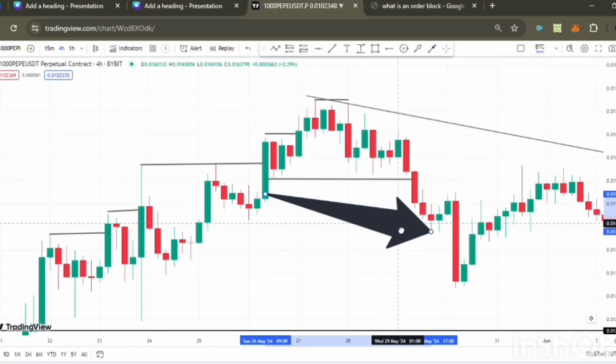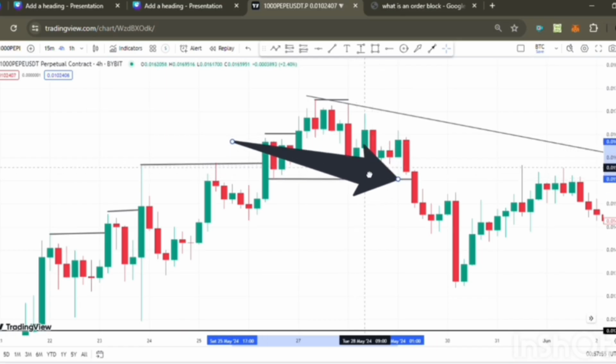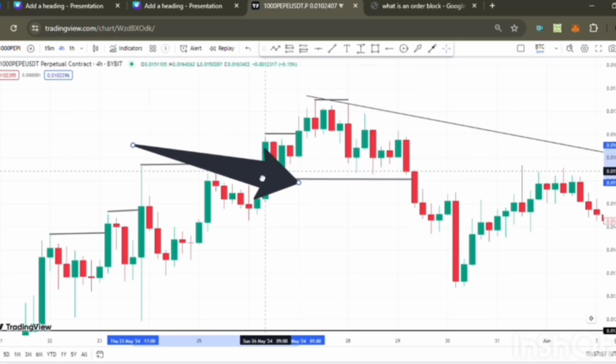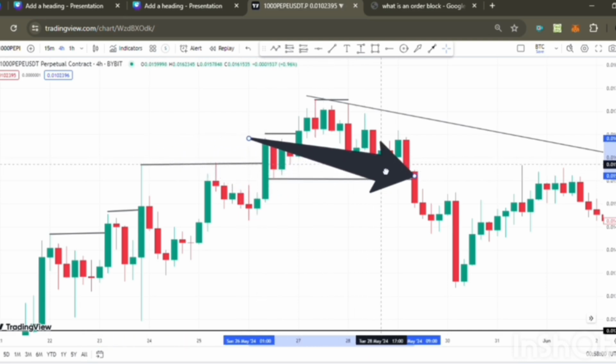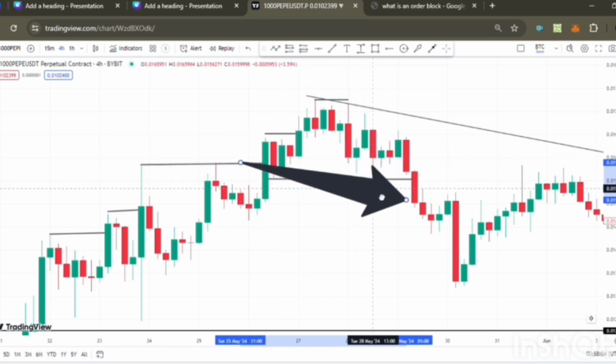It completely takes out the market's uptrend to start the downtrend movement. It breaks this trend line, and remember this trend line previously served as support. Now the market breaks that support.